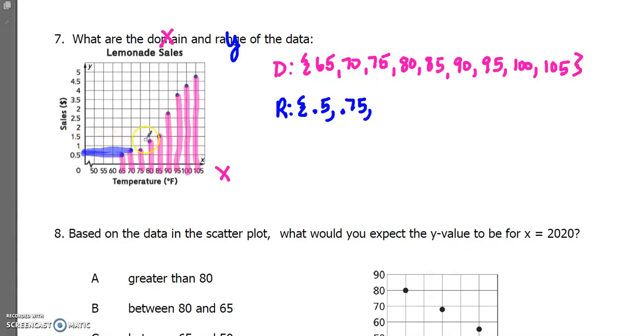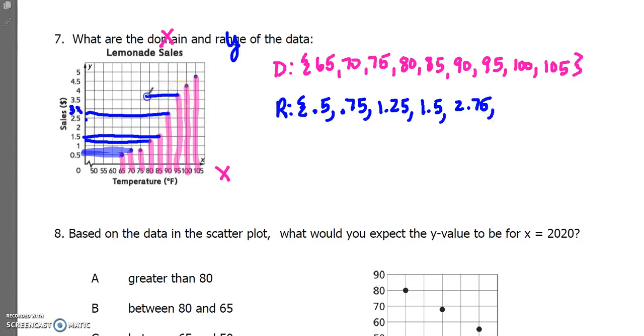The next one is right here. It looks like it's between 1 and 1.5, so 1.25. My next one is on the line. It's at 1.5. My next one is way up here. It is between 2.5 and, sorry, between 2.5 and this should be a 3. That was funny. Okay, so that's 2.75.